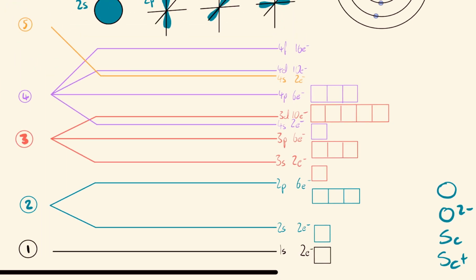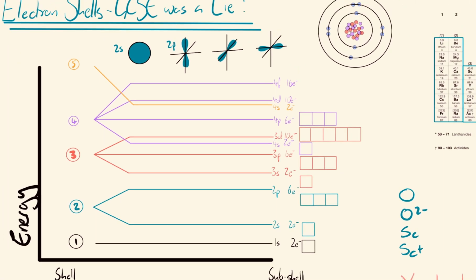You need to become familiar with the order of this, but luckily our periodic table helps with that. In particular, you should be able to see there's an interesting pattern whereby the 4s has lower energy than the 3d. That leads to some interesting things which will make sense hopefully later on.